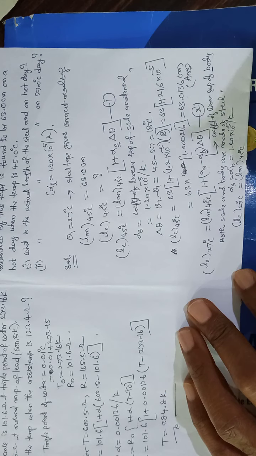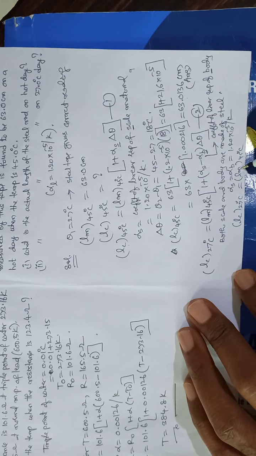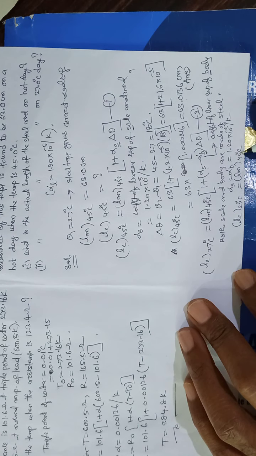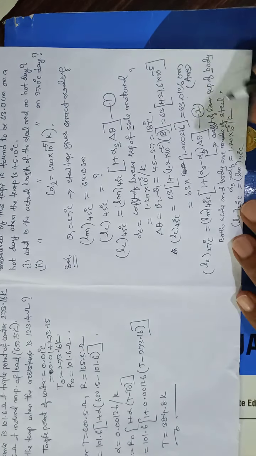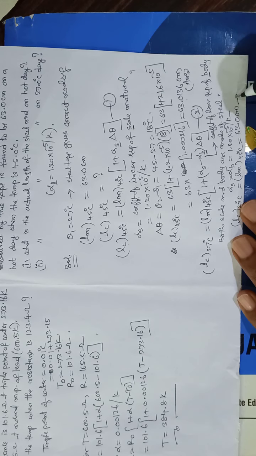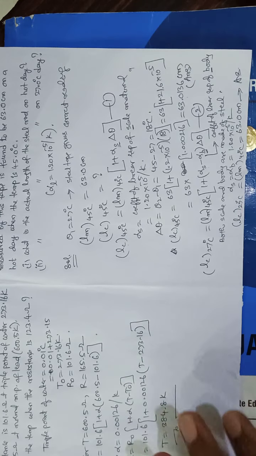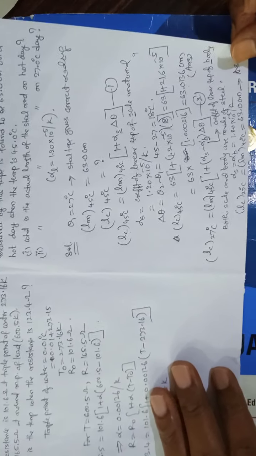That only we get. LM means the measured length at 45 degrees centigrade, that is 63 centimeters. This is another answer. So in this way we calculate.